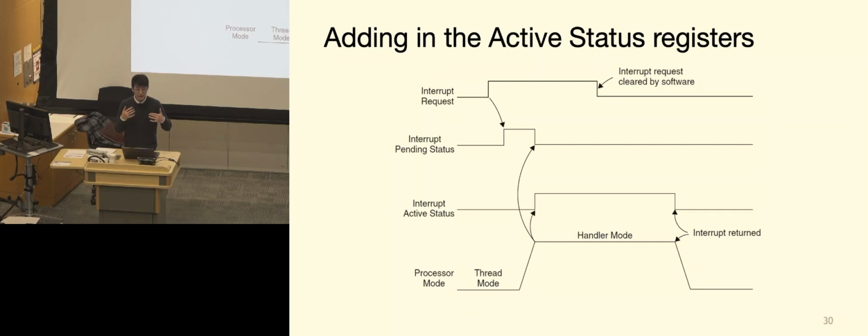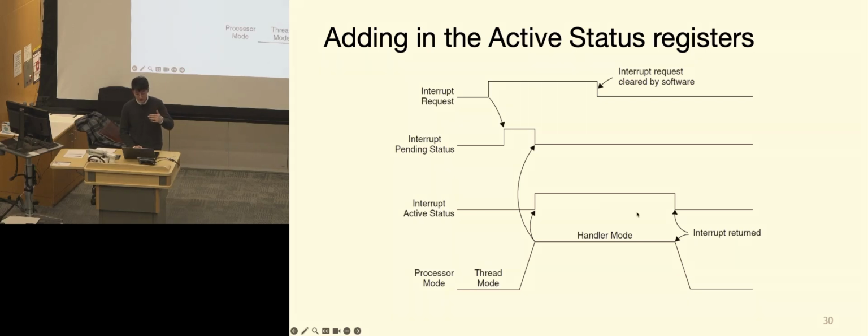It indicates it's inside one of the active interrupt calls. So the active register of that interrupt will be high, and this shifting mode in the program triggers the active state to be high, and also, as we showed in the last slides, causes the pending mode to go down.